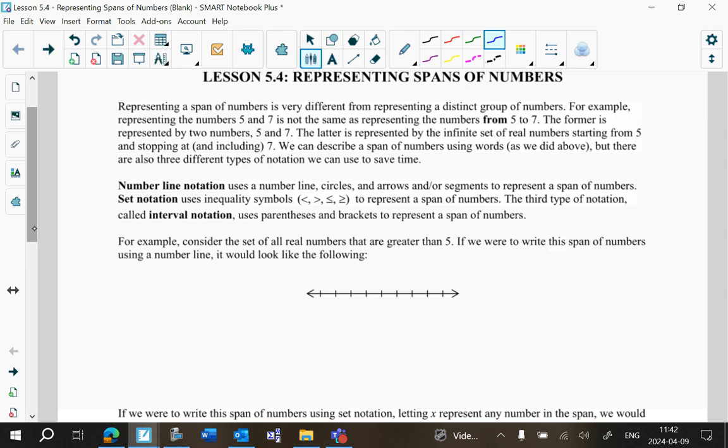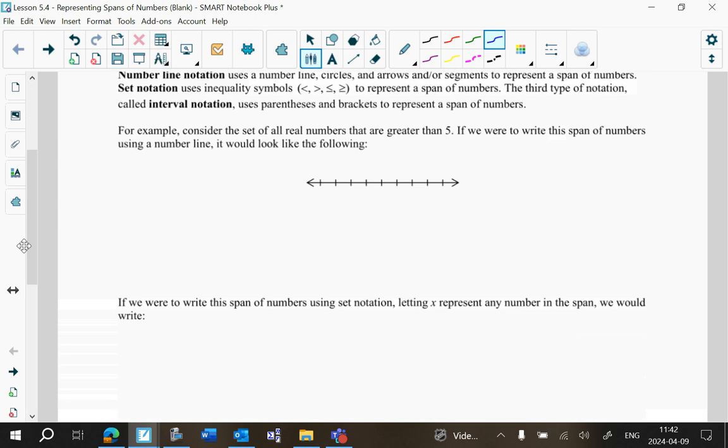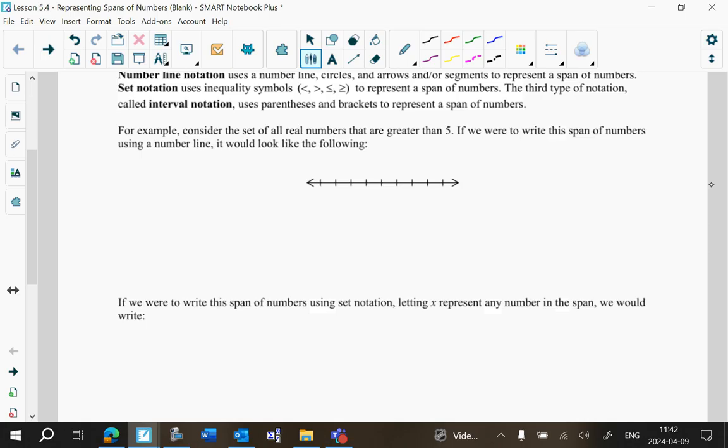And the first example that we're going to do, how do I write, using notation, every number greater than 5? Well, last year when we did inequalities, we did it like this. So let's say 0 is here. And if 0 is here, then 1, 2, 3, 4, 5. And I want to write everyone greater than, do you remember?